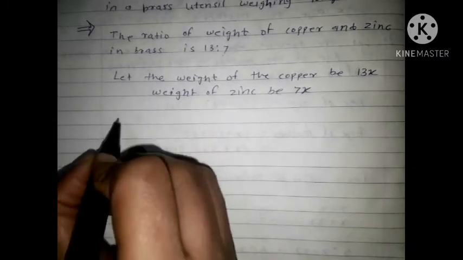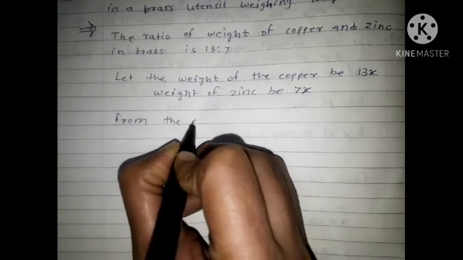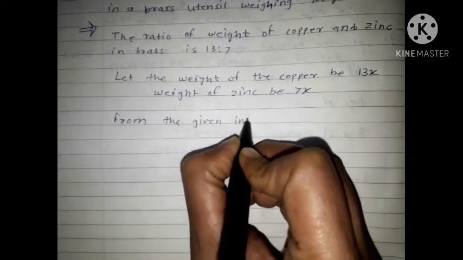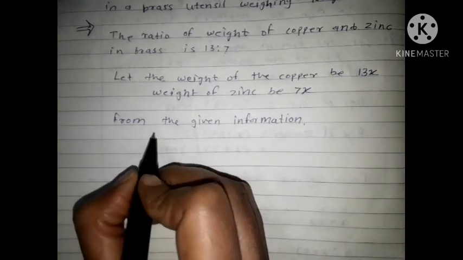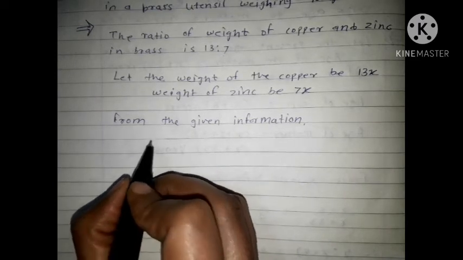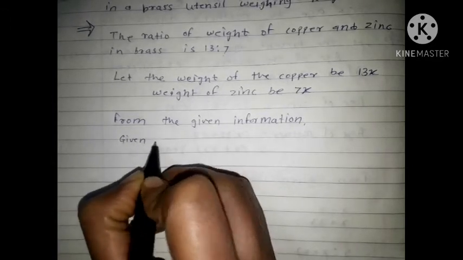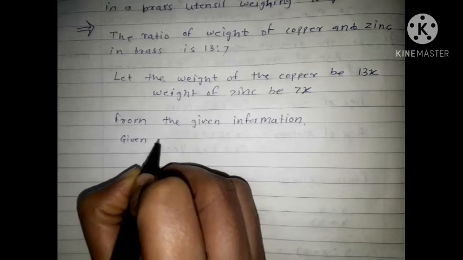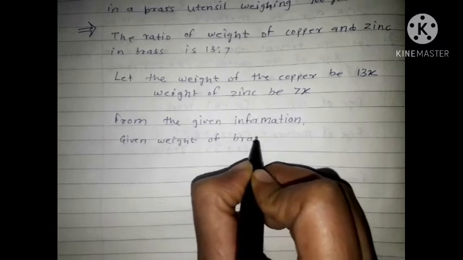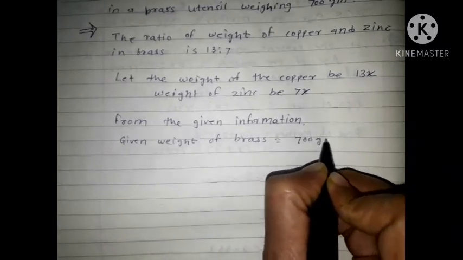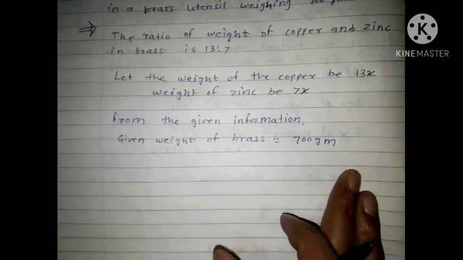From the given information, the total weight of the brass utensil is 700 gram. We have already been given that the total weight of the brass utensil is 700 gram.